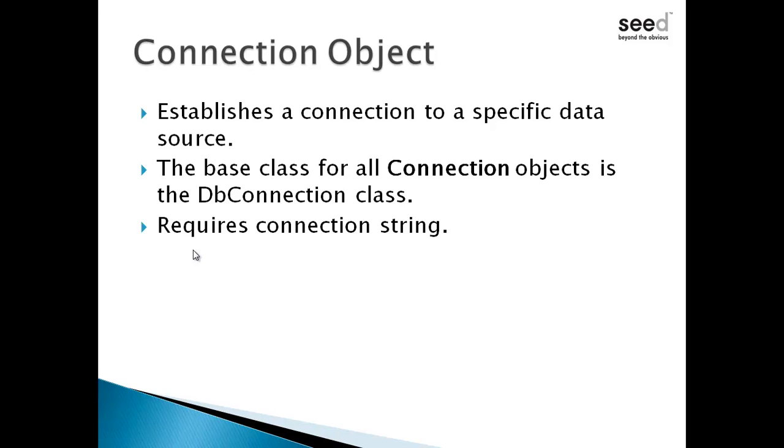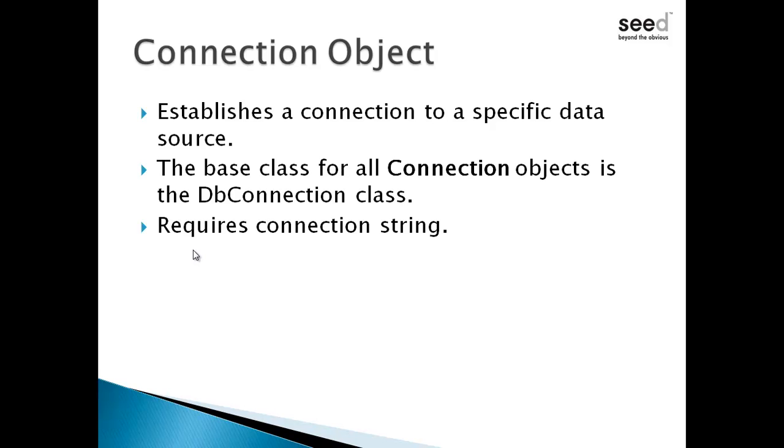To build our first database application, we should at least know what a connection object is, what a command object is, and what a data reader object is. So let us have a look at these 3 objects. The connection object establishes connections to a specific data source.